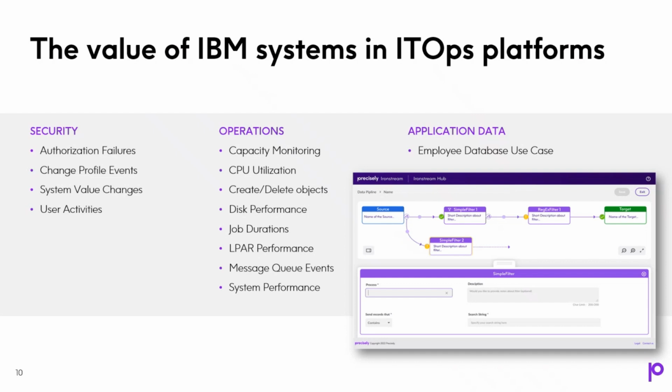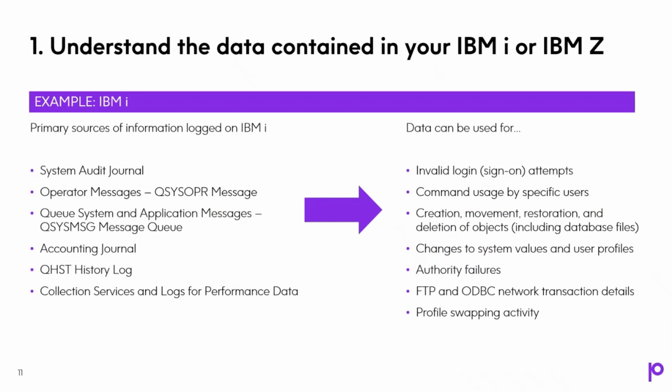The first thing is to understand the data that's contained in your IBM i or your IBM Z. There's lots of information in an i or a Z, and parsing that out will help you then understand what the data can be used for. So, for example, a system audit journal could maybe give you invalid login attempts.